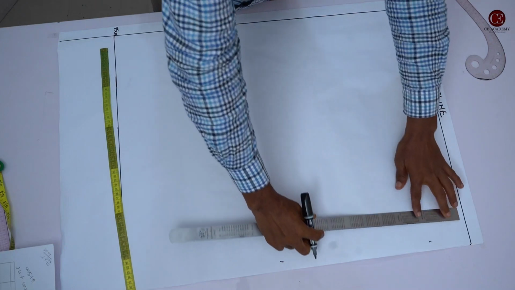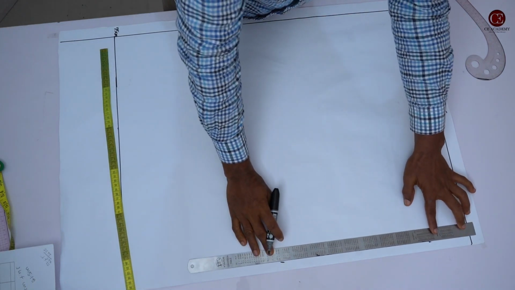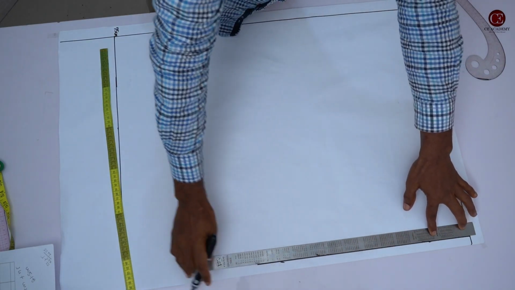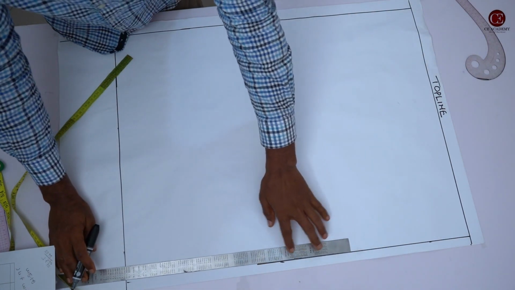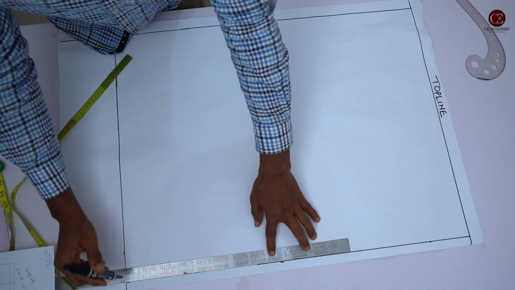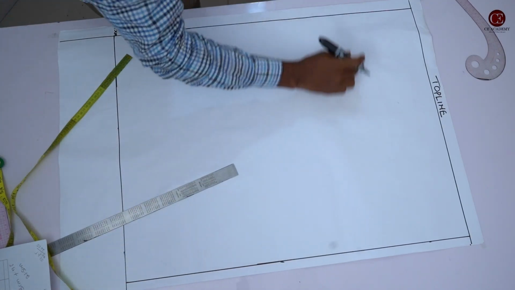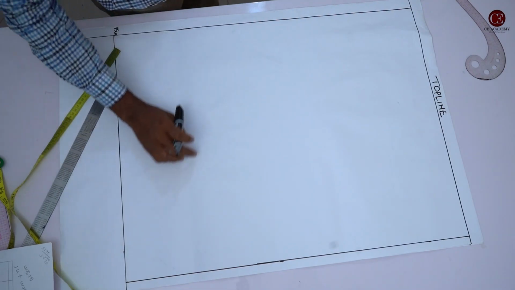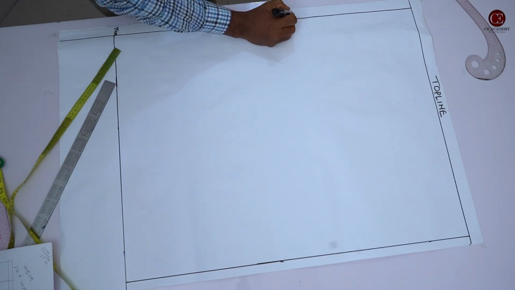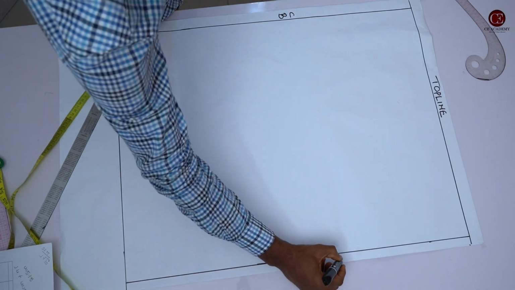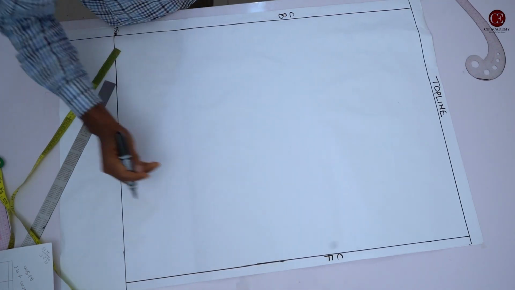Once you square the width of the draft, automatically it gives you the center front and the center back. Once you've gotten the width of this draft, which is 57.5 cm, you label the one on your left center back line, while the one to your right is labeled center front.